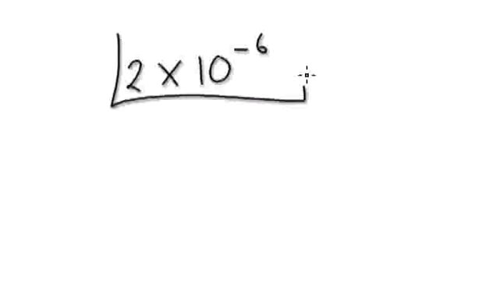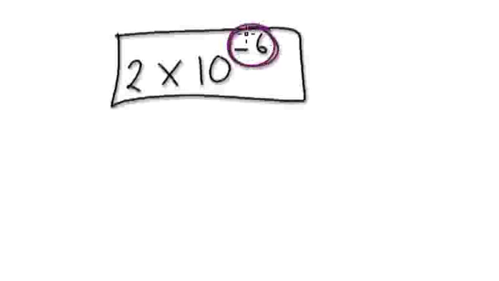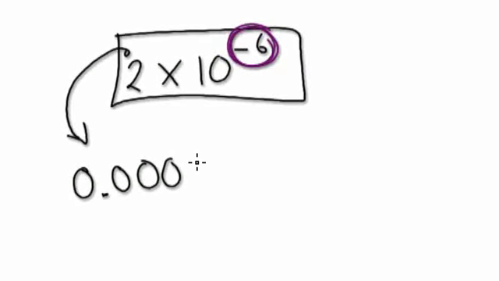What does that mean? 2 times 10 to the minus 6. If you get given this here, because I've developed my own technique, I know that there's going to be 6 zeros, so I can jump from here to this. 1, 2, 3, 4, 5, 6.